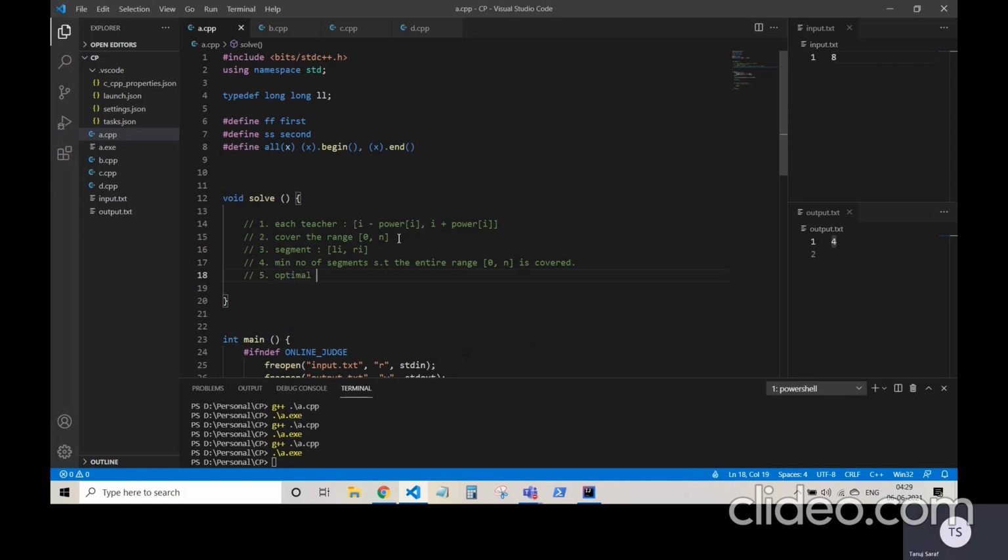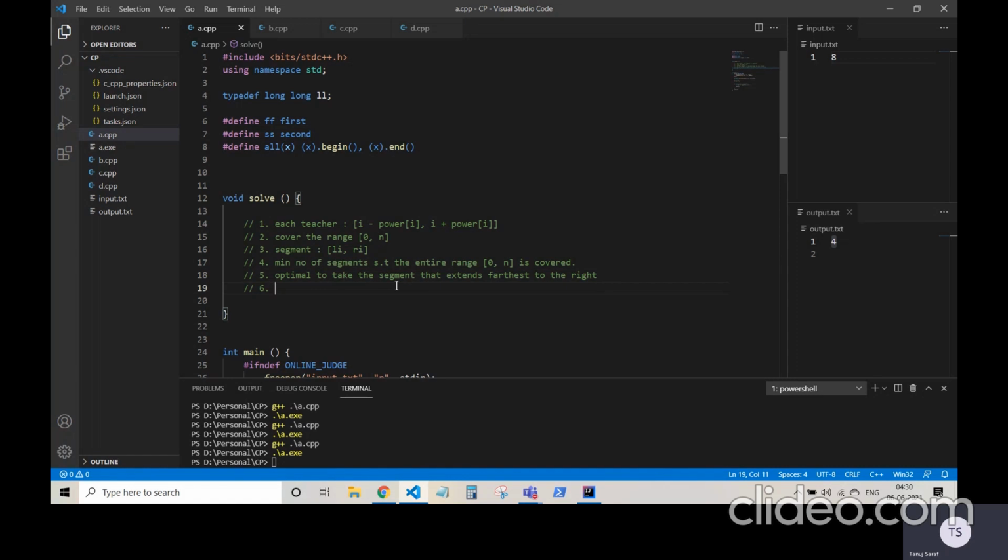The claim I make is that it is optimal to take the segment that extends farthest to the right. And it is actually very intuitive if you think about it.